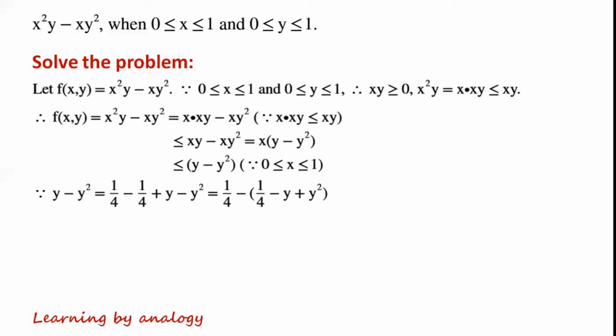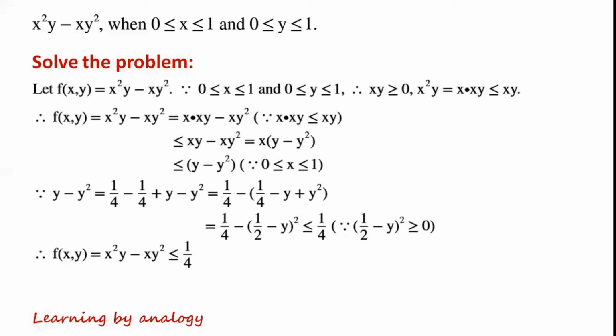Because y minus y squared equals a quarter minus a quarter plus y minus y squared, which equals a quarter minus (y squared minus y plus a quarter), which is equal to a quarter minus (a half minus y) all squared, which is less than or equal to a quarter, because (a half minus y) all squared is greater than or equal to 0.